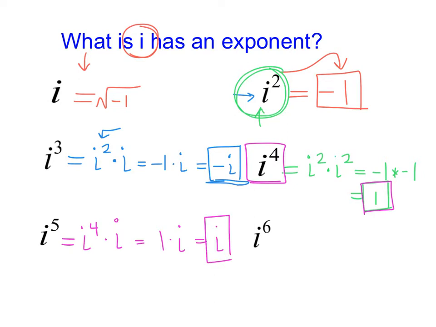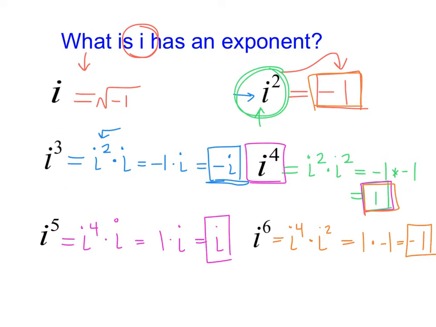And then lastly, if I take a look at that final one there, I have i to the power of 6. I'm going to break that one up into i to the power of 4 times i to the power of 2. Well, i to the power of 4 is 1 times i to the power of 2 is -1. So this is really equal to -1.